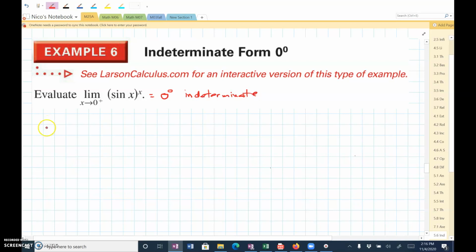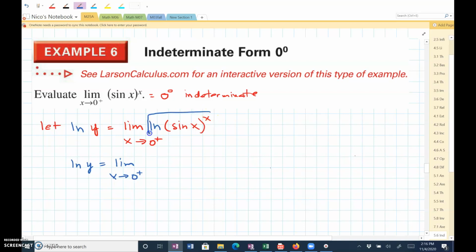So now I'm going to say let y equal the limit of sine x raised to the x power as x goes to 0 coming from the right. Then I'm going to take the natural log of both sides. So I've got the natural log of y equals the limit as x approaches 0 coming from the right.